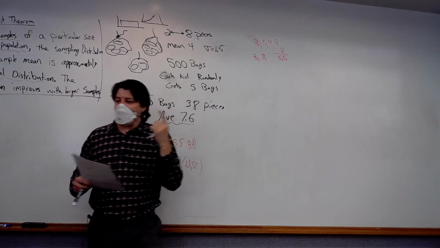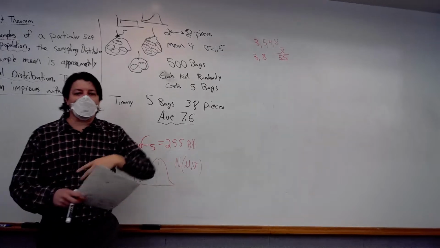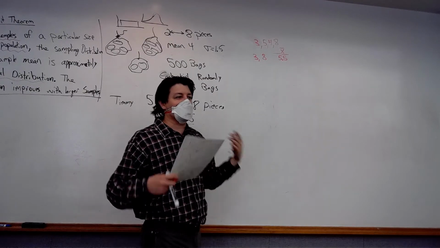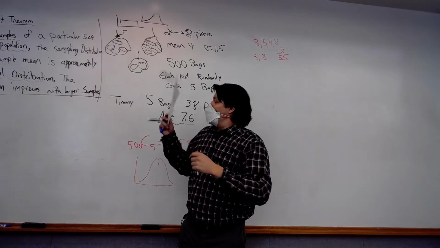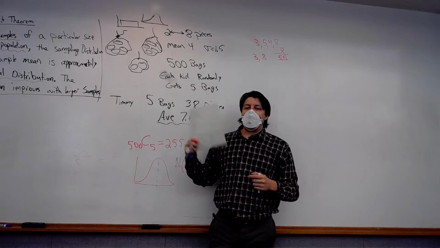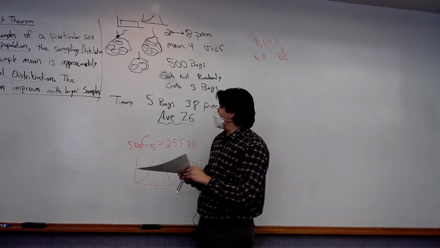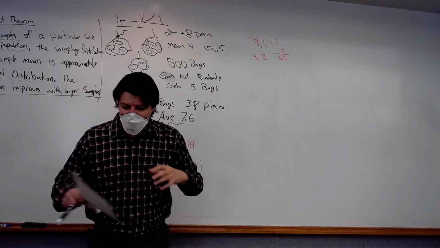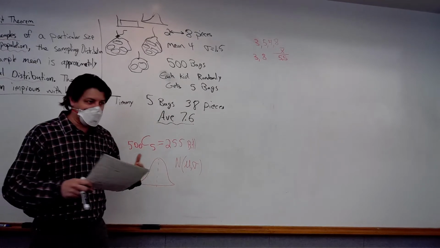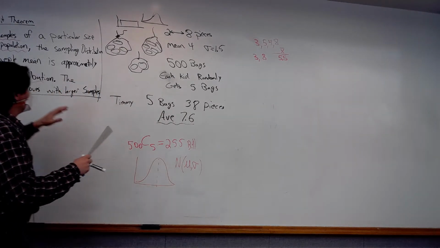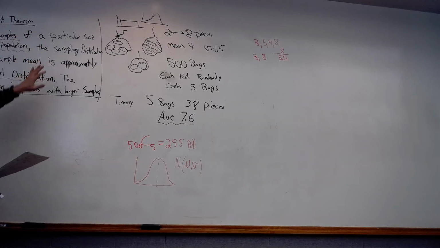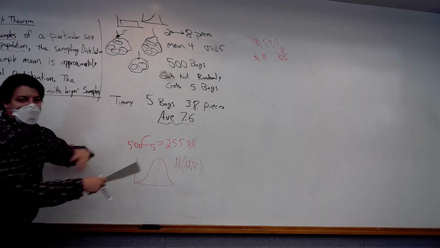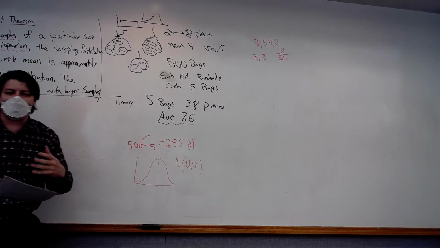Okay, but that's just one of the samples. And what I want to do is walk through all the possible samples that you could have taken. Now, what we're doing here is not done in practice. And I want to be clear on that, because when we're learning, specifically here in Chapter 8, we're spending a lot of time thinking about the central limit theorem, thinking about 255 billion samples.